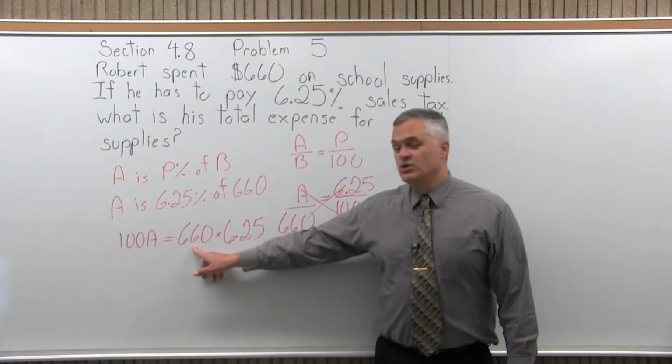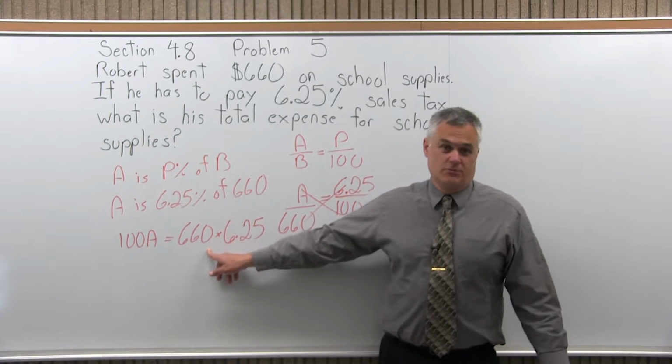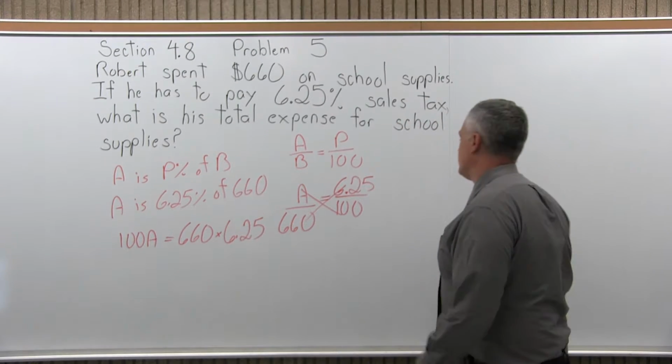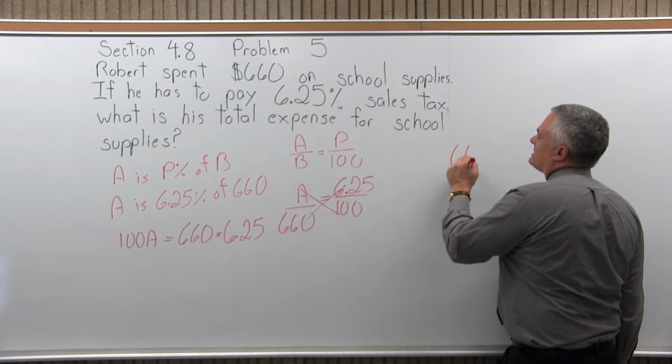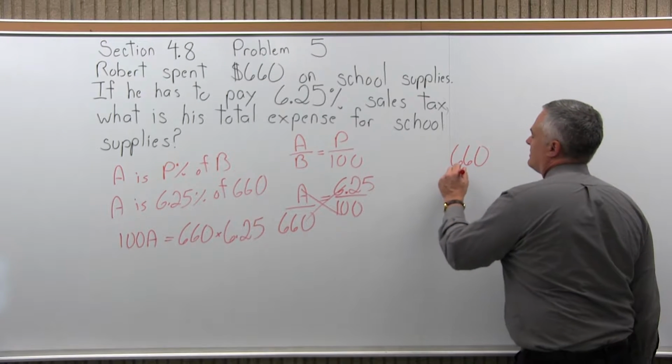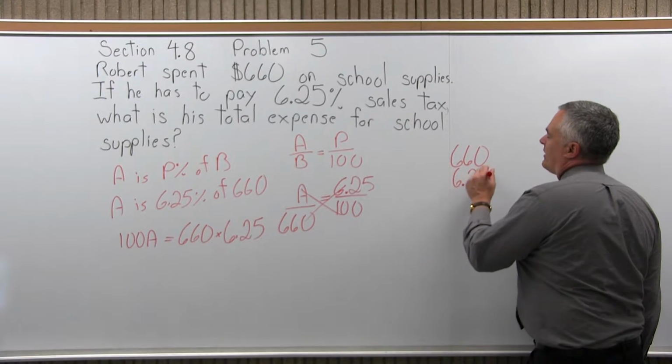If you can use a calculator for your math class, just run it through the calculator and you'll get the answer. If you can't, what you have to do is off to one side, multiply 660 times 6.25.